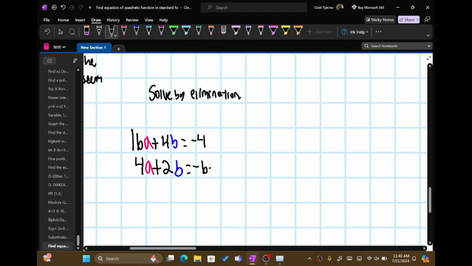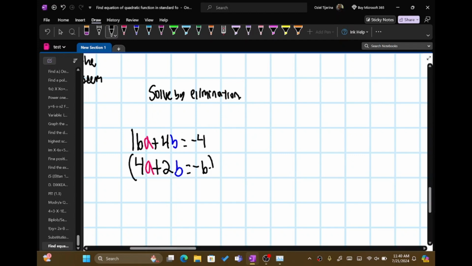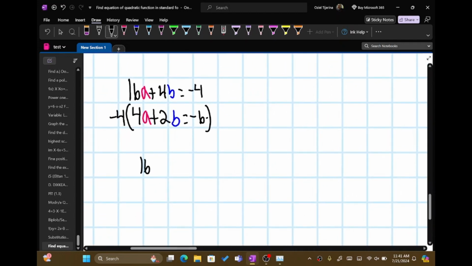So we're going to go ahead and multiply this one. Actually, I'm sorry, not this one. Let's get rid of the a value. So we're going to multiply this by negative 4 to eliminate the a value. So we have 16a plus 4b equals negative 4, right?